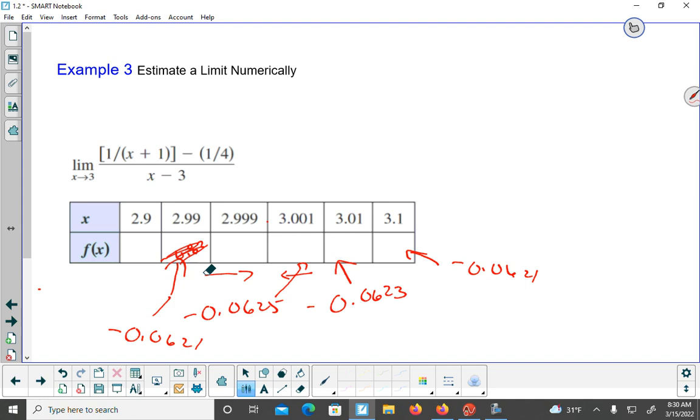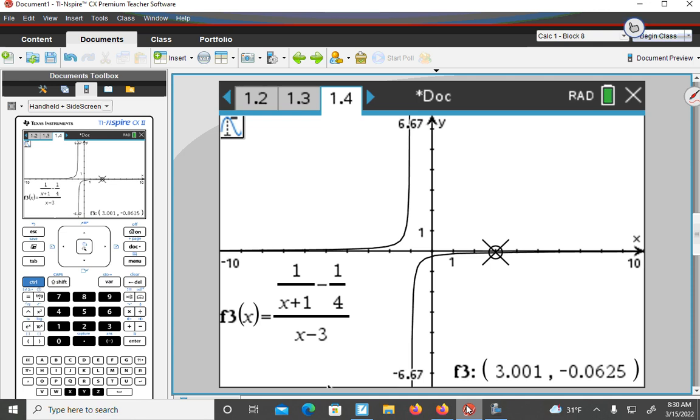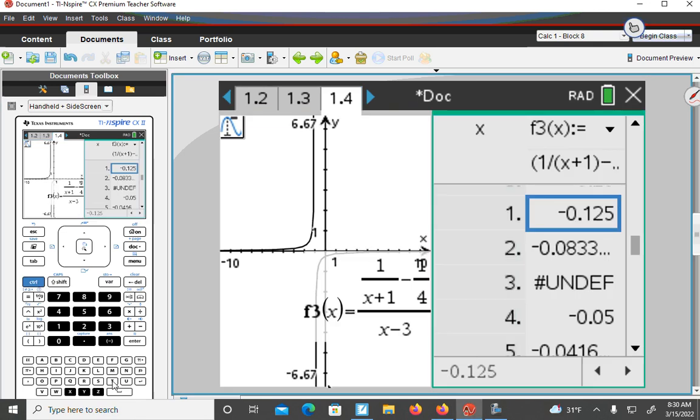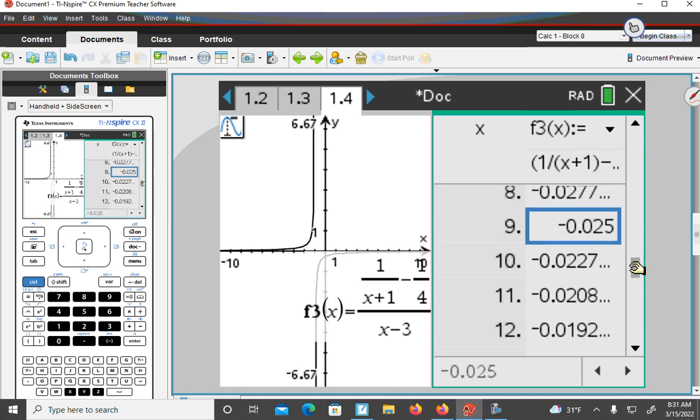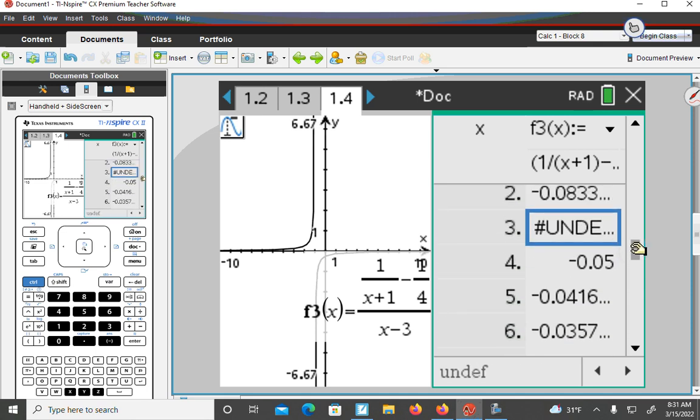Alright, so when I do this, I get that negative, we're both approaching that negative 0.0625, which, oh, it is negative.